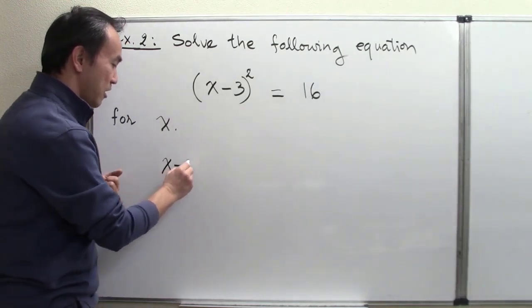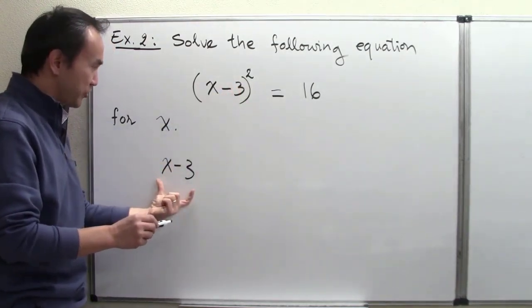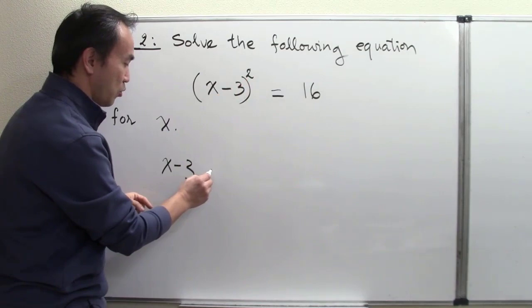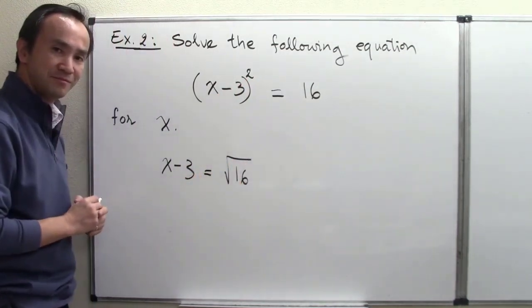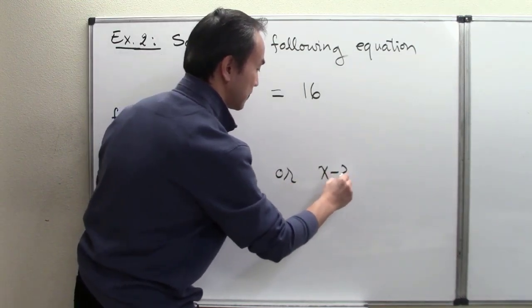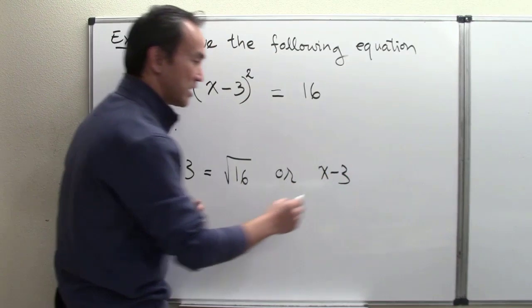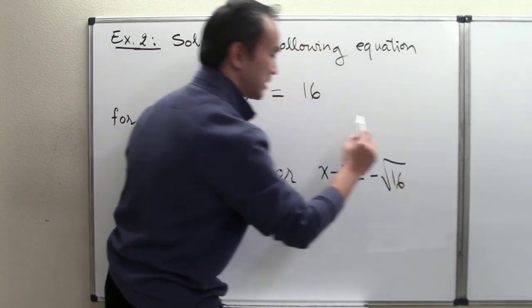The expression x minus 3, without the square, on one hand equals the square root of 16, or the value of the expression x minus 3 is the negative square root of 16.